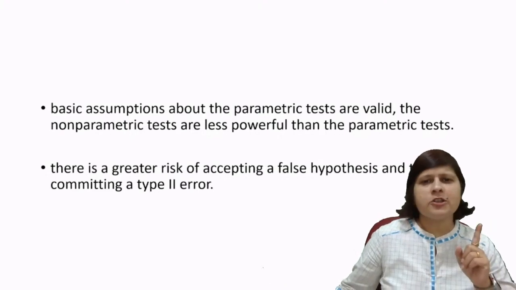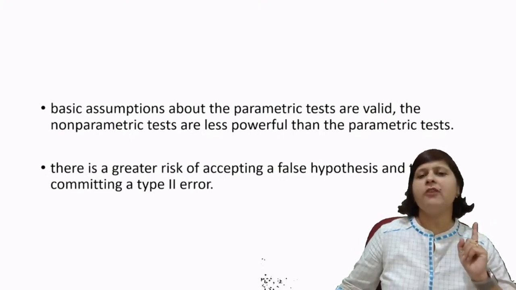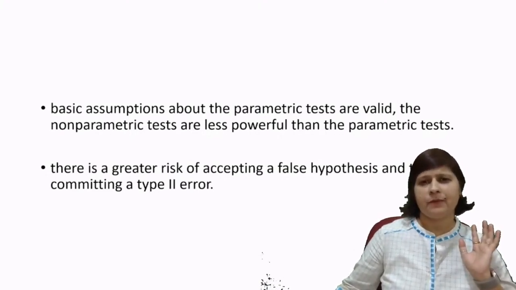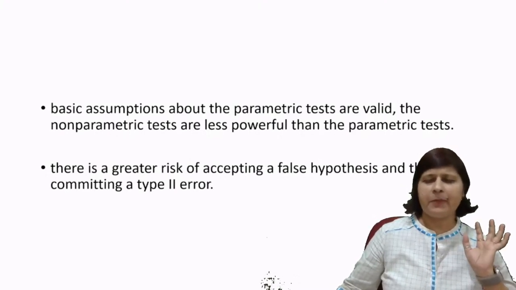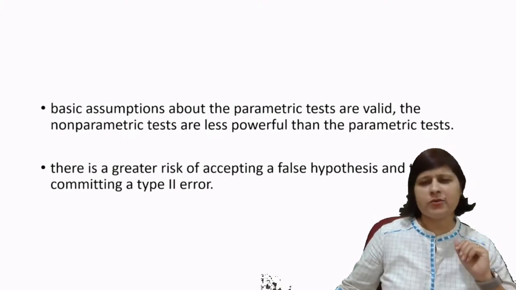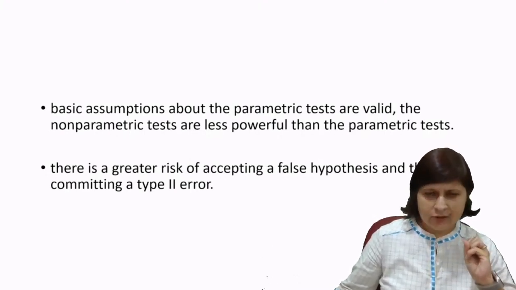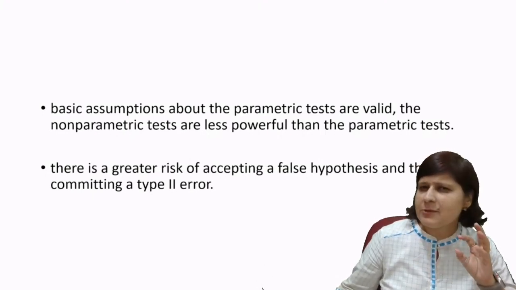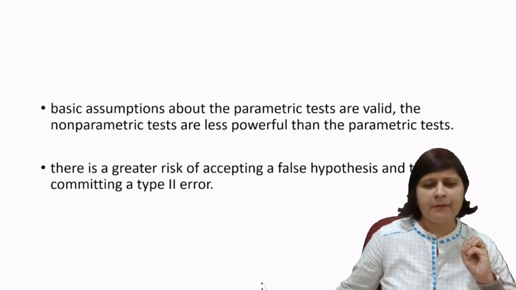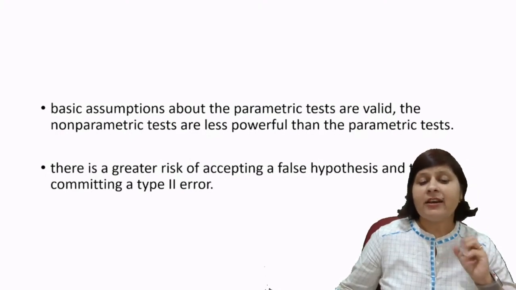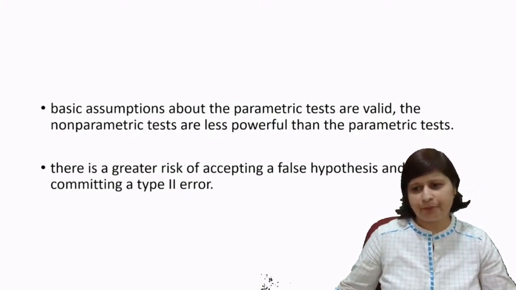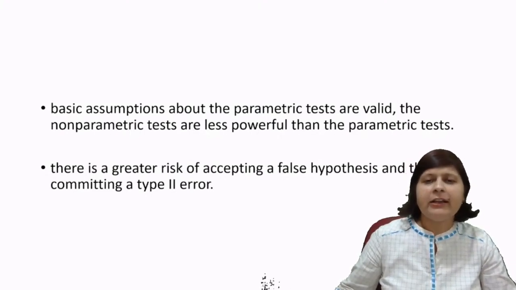It is difficult to generalize the results of a non-parametric test. You can generalize the result of a parametric test, but it is difficult to generalize the results of a non-parametric test. They are less powerful than the parametric test. There is a greater risk of accepting the false hypothesis and thus committing a type 2 error.